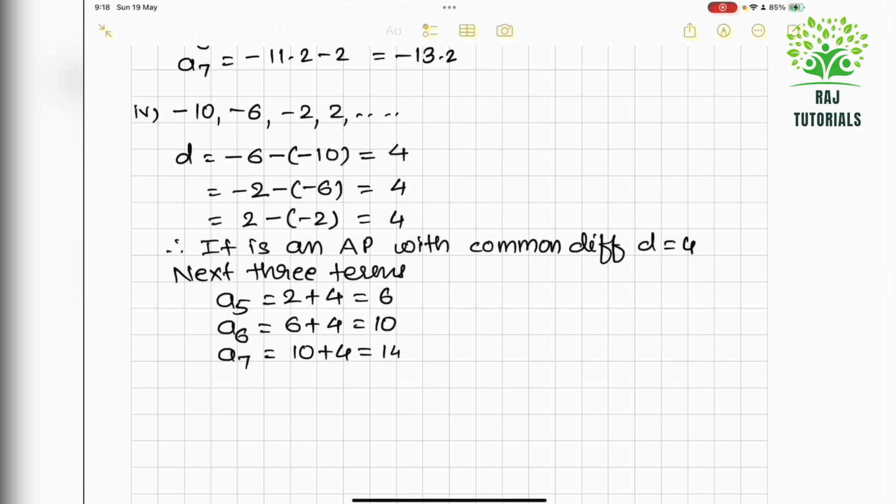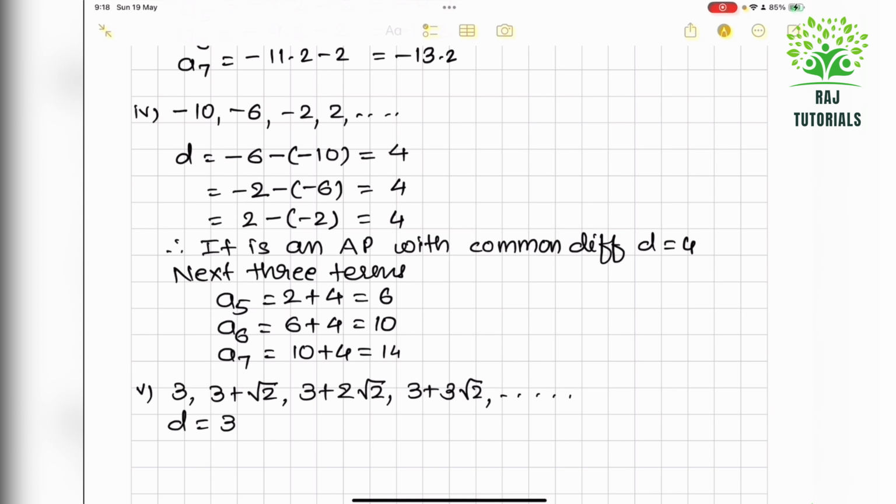Then fifth one, it says 3, 3 plus root 2, 3 plus 2 root 2, 3 plus 3 root 2 and so on.